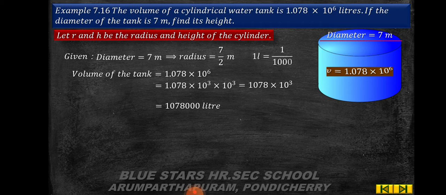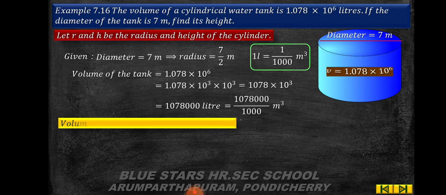So 1 liter is equal to 1 by 1000 meter cube, which is 1078,000 by 1000 meter cube. We get the volume of the cylindrical tank is equal to 1078 meter cube.